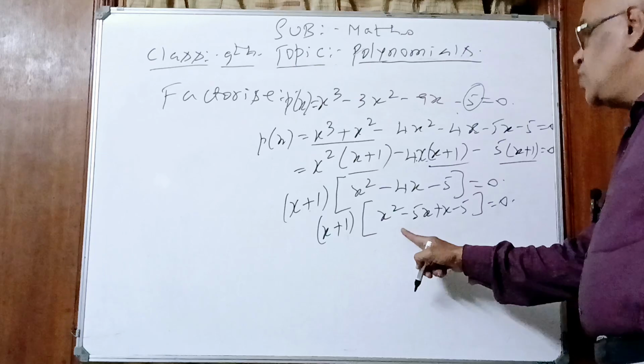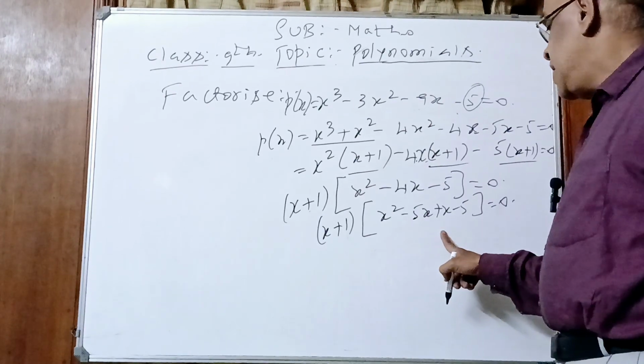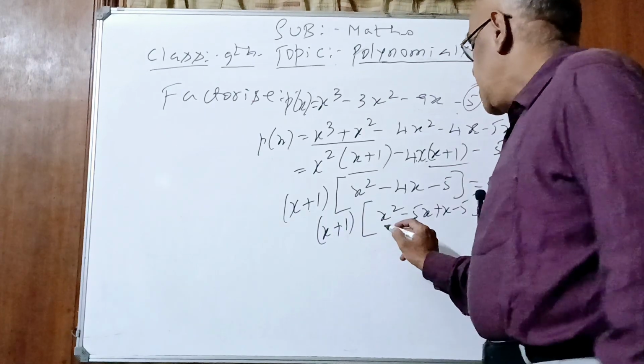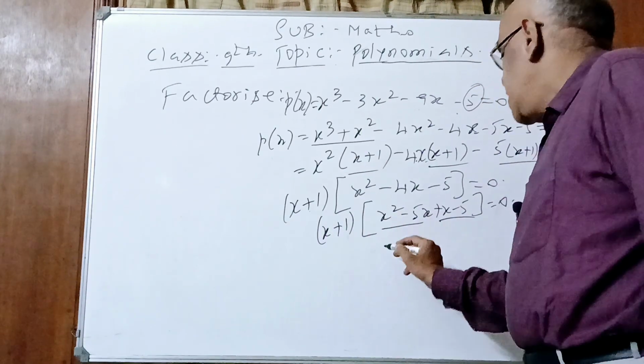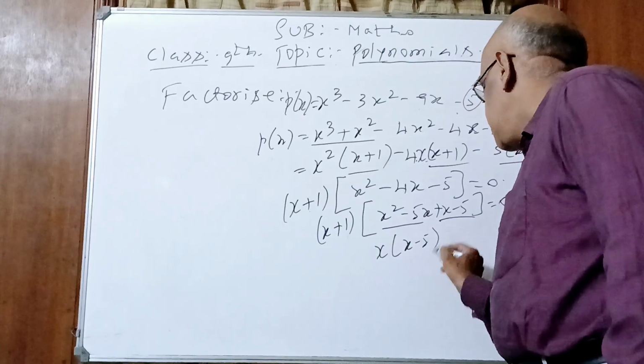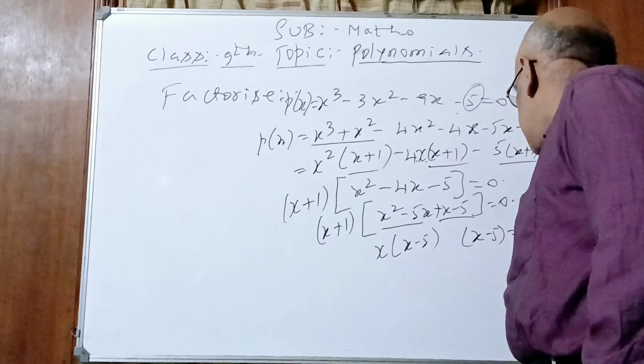So what should you do, children? x square minus 5x plus x minus 5. Factorize this. What is common here? x. x into x minus 5. Again, you should get the same thing here, x minus 5.